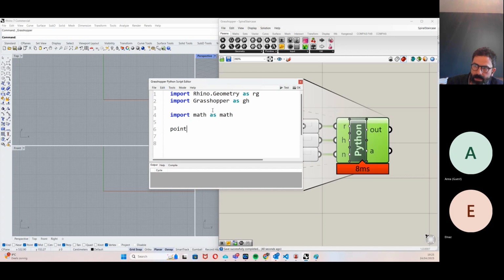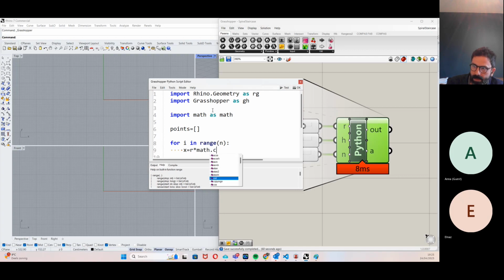Let's say points equals a list. Okay. For I in range of n, X equals R times math dot cosine of what?